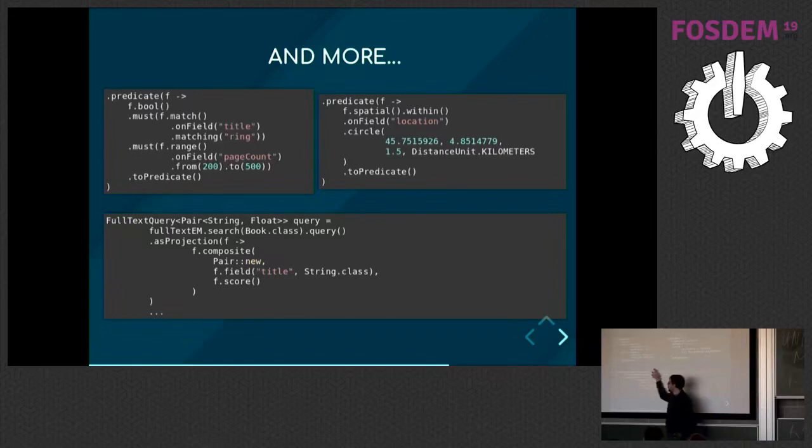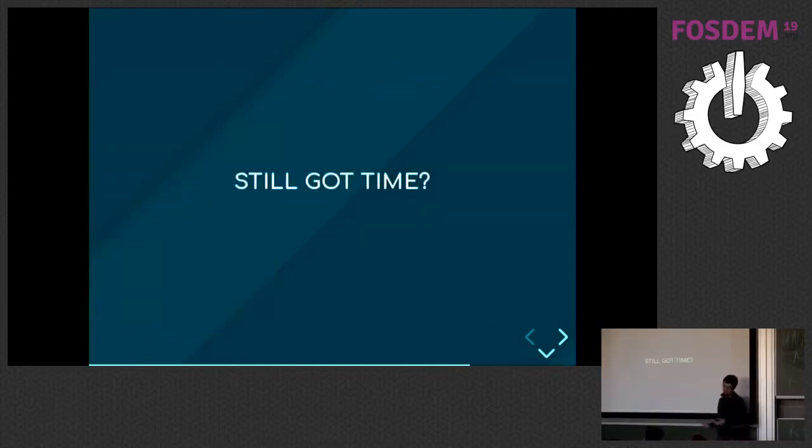For example, if you want both the title and the score of the document, you can do that. You put them in a pair and you just retrieve that from your query. So there are a few features like that which are made to make your life simple.